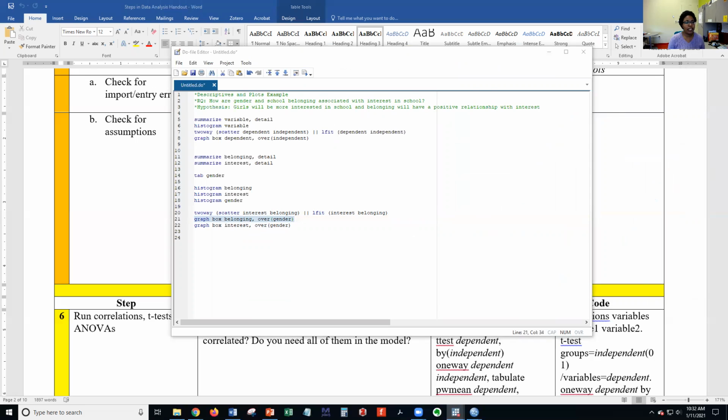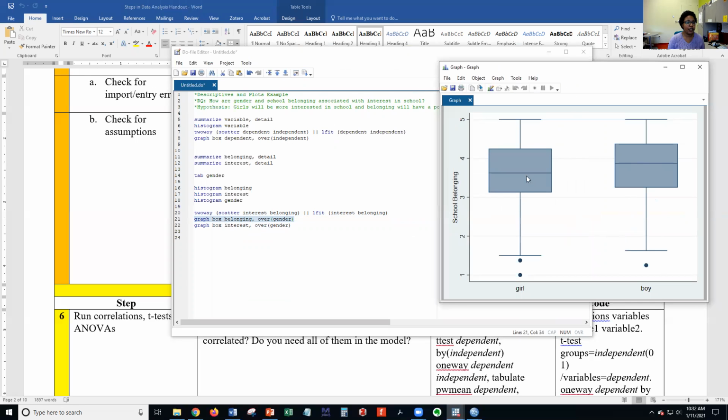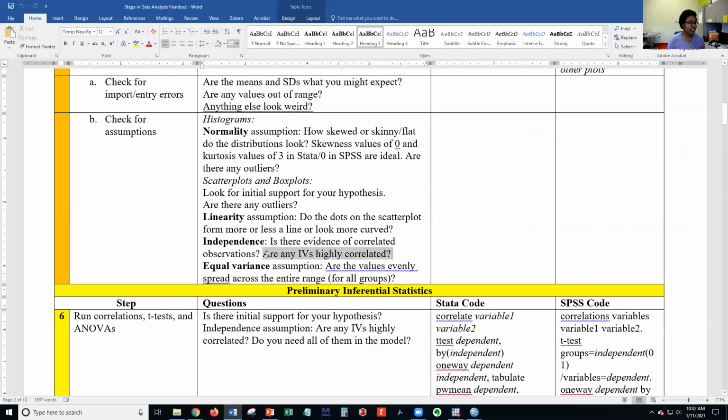What we'd be looking for is whether gender is strongly associated with school belonging. You can see here that girls and boys have pretty much a similar level of school belonging, so we're not concerned about multicollinearity or lack of independence with our independent variables here. So that's answering this question right here.